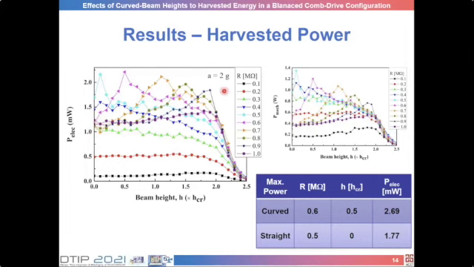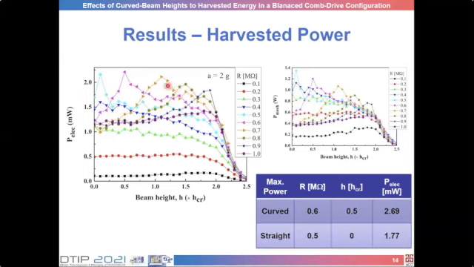In other cases, from 0.4 to higher load resistances, the maximum power is achieved with the curved beam.